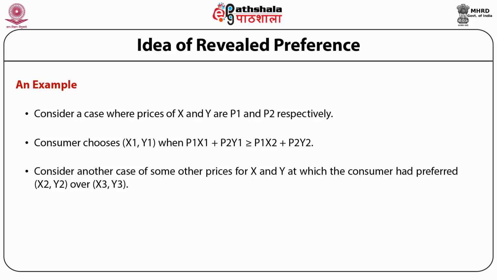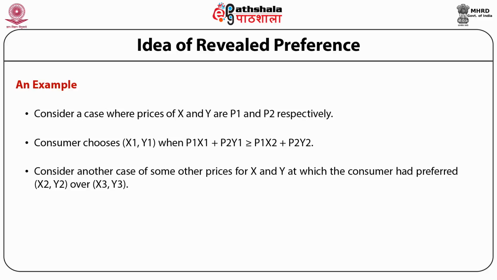That is, if the X1 Y1 bundle is directly preferred to X2 Y2, and the X2 Y2 bundle is directly preferred to the X3 Y3 bundle, then X1 Y1 would be indirectly preferred to X3 Y3. I repeat, X1 Y1 would be indirectly preferred to X3 Y3.